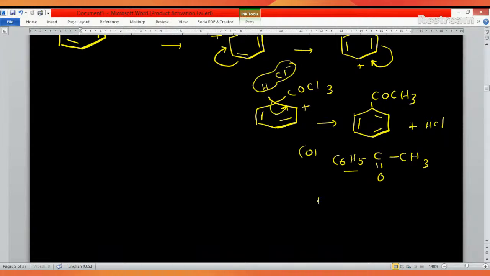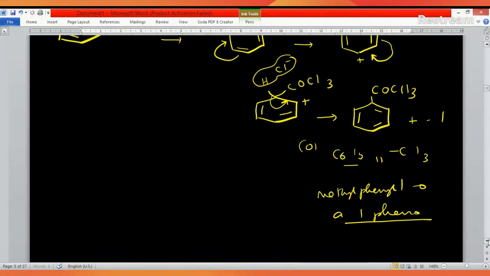This is called methyl phenyl ketone. Methyl phenyl ketone is also called acetophenone. Both are the same.